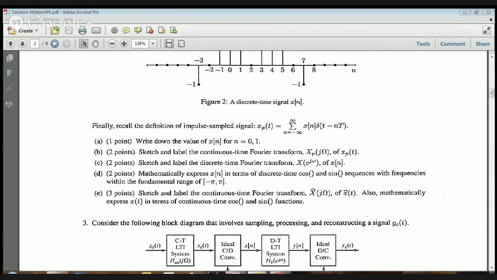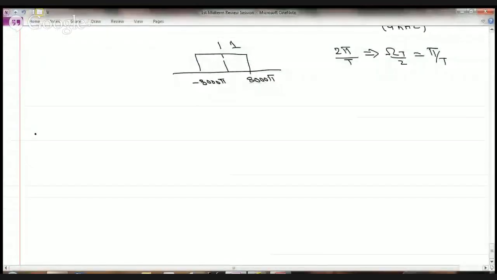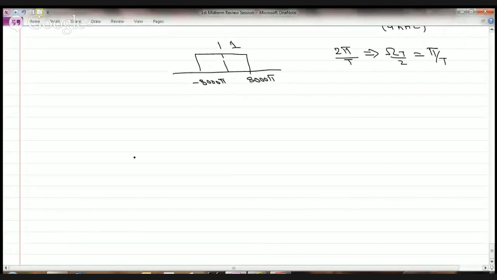So for that, we have to just remind ourselves what Xp of j omega is. So let's go to this screen. I'm just repeating the problem again for people who have joined in late. We touched upon that at the very start of this discussion.